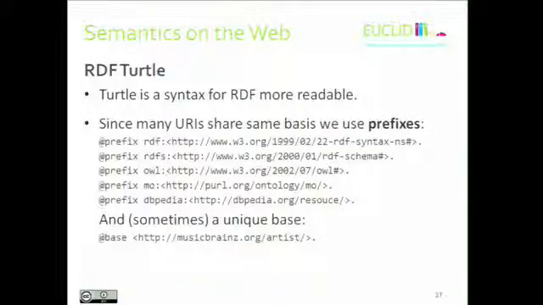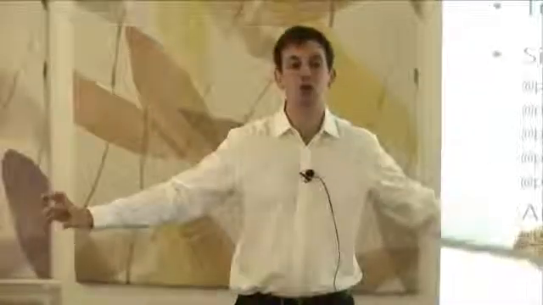Now, coming back to how we write down RDF, you'll see in the two triples that I gave you before, we had the same subject, and it was a bit repetitive. I was writing these very long URIs multiple times. The terse RDF triple language, Turtle, will let us make two shortcuts. Okay?